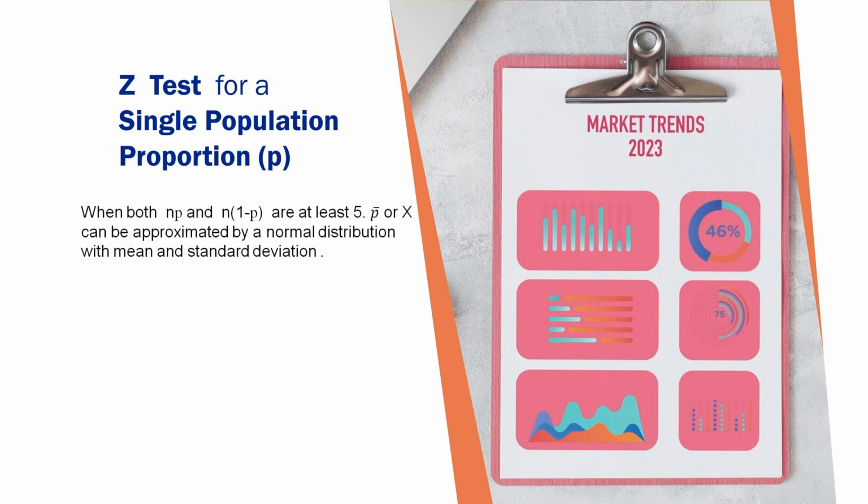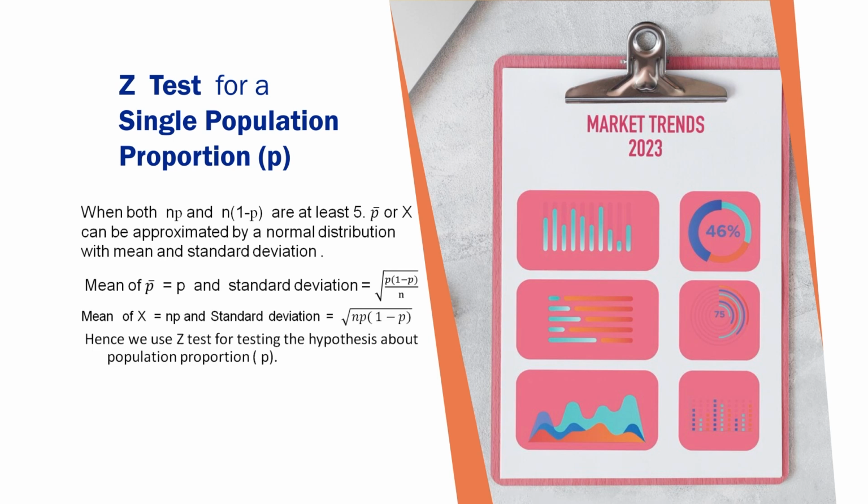P bar, the sample proportion, and X, the number of successes, can be approximated by the binomial distribution, or the distribution can be approximated by a normal distribution with a mean of P bar equal to P, and a standard deviation of P bar equal to the square root of P into 1 minus P over n. The mean of X, the number of successes, is given by n into P, and the standard deviation of the number of successes is given by the square root of n into P into 1 minus P.